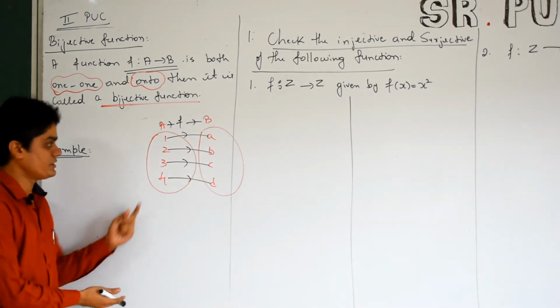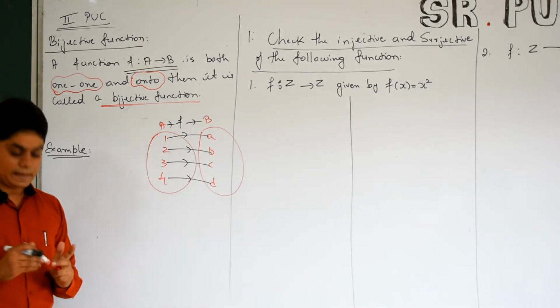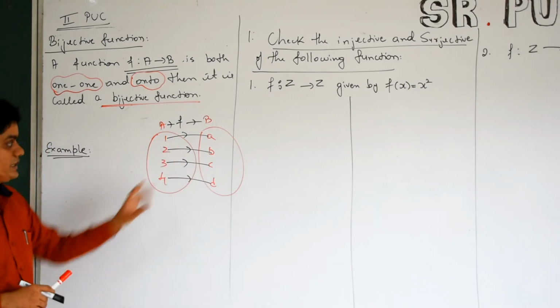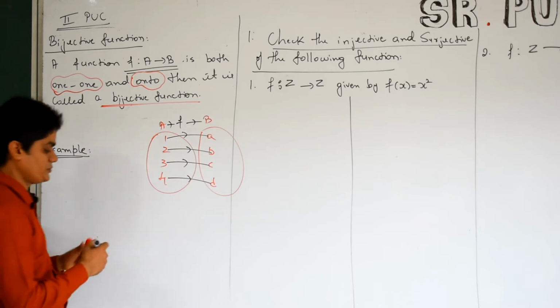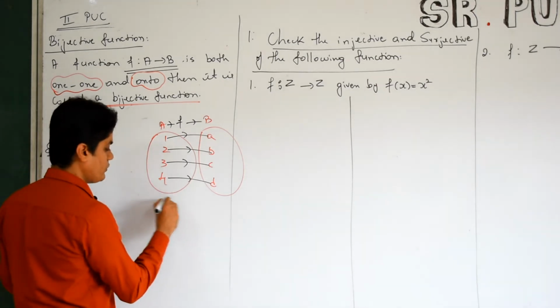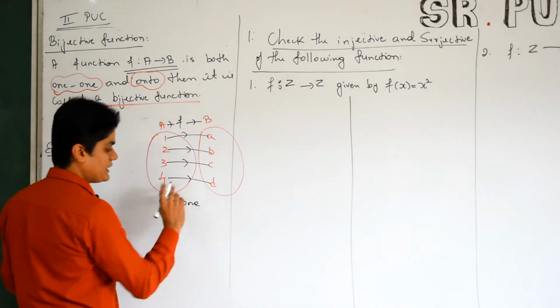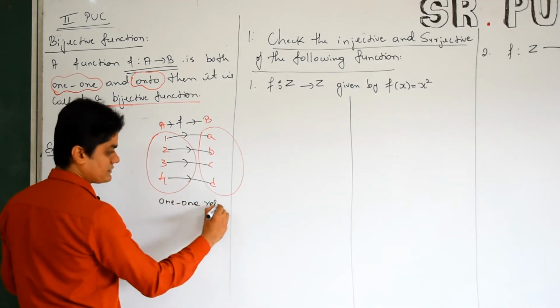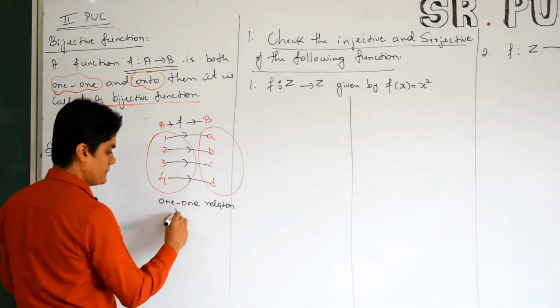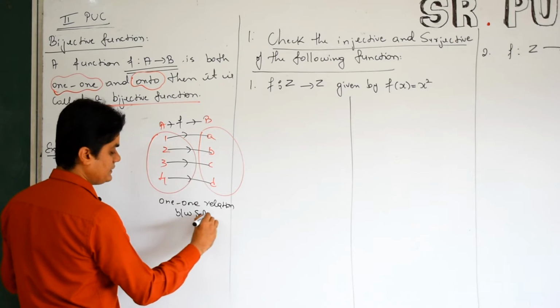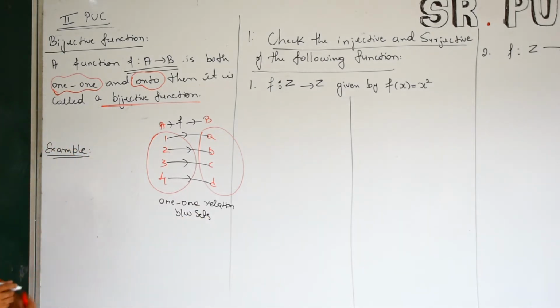When the connection is like this, we say this function is a bijective function. There is a one-to-one correspondence. If there is a one-to-one relation between the sets, then such functions are called bijective functions.